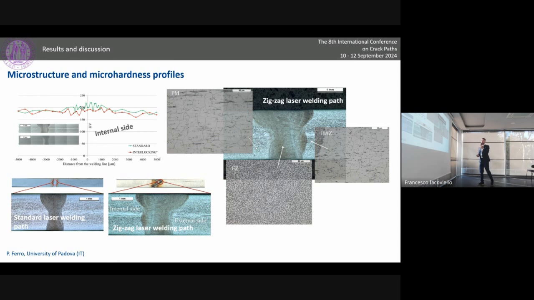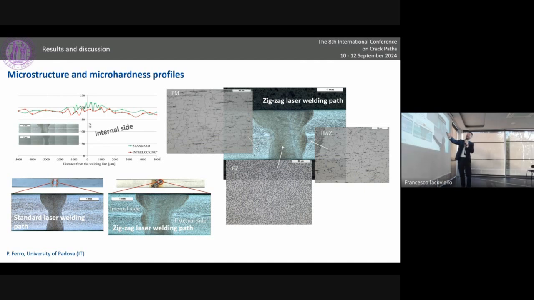About the micro hardness profiles, you can see the red line is the micro hardness profile coming from the weld obtained by using the zigzag welding path, and the green line is the standard welding path.